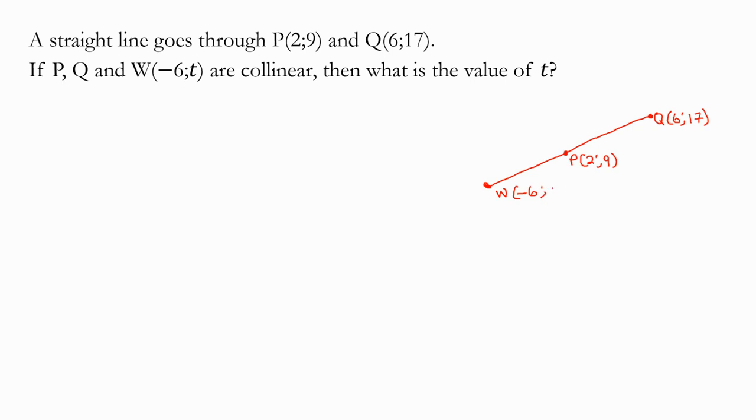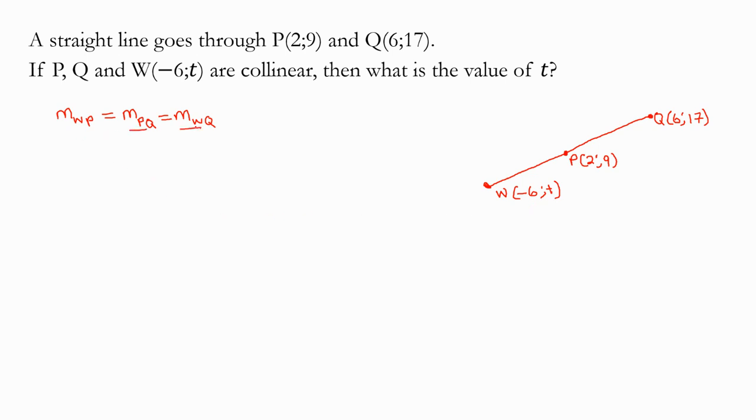Okay, so we know that the gradient of WP will be equal to the gradient of PQ, which is also equal to the gradient of WQ. These gradients are equal if these 3 points are collinear.